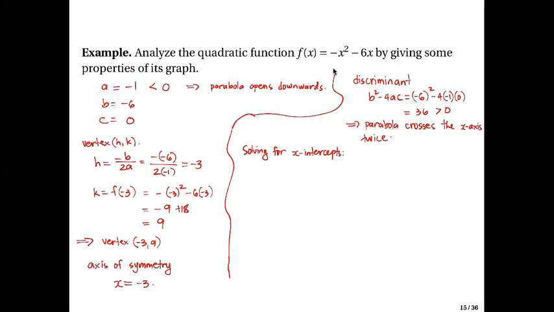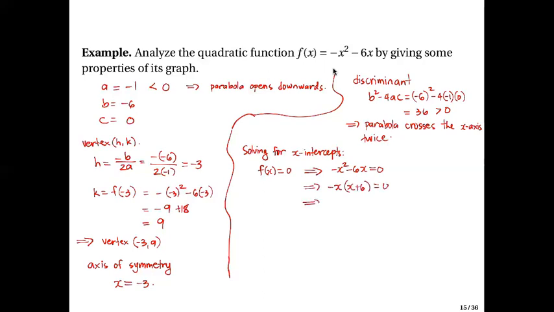So all we need to do is to solve this equation, f of x equals 0. Or you have negative x squared minus 6x equals 0. So you solve this quadratic equation, you factor out negative x, you will have x plus 6 equals 0.